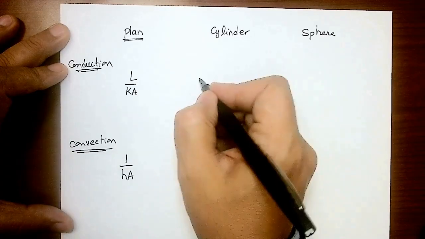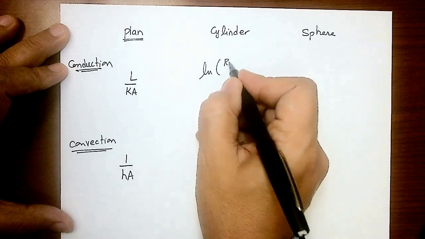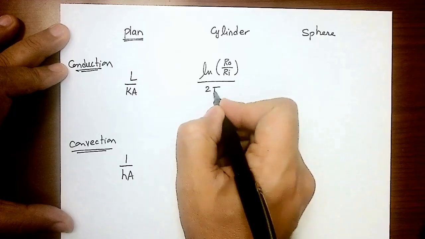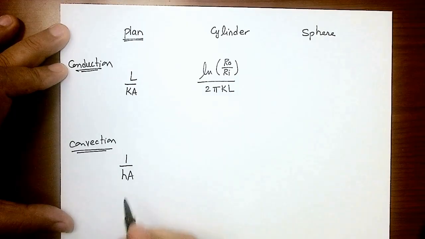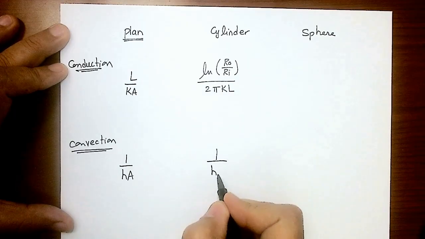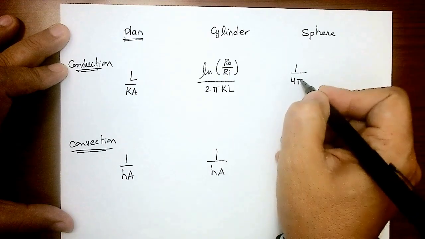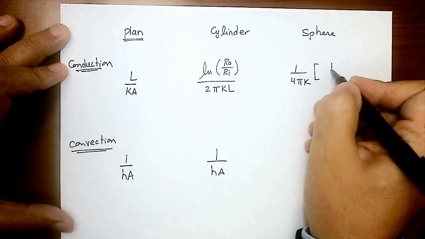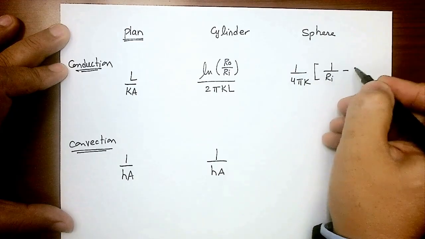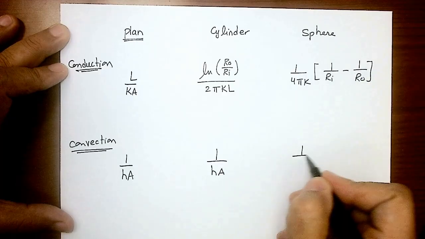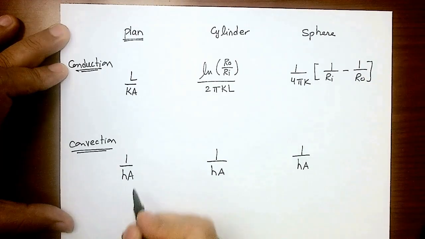What about cylinder? Natural log of the ratio of the outer boundary to the inner boundary divided by 2 pi Kl, and the convection is still 1/Ha. Sphere, it's 1/4 pi K multiplied by 1/, the inner radius or inner boundary minus 1/, the outer boundary, and still the convection 1/Ha.